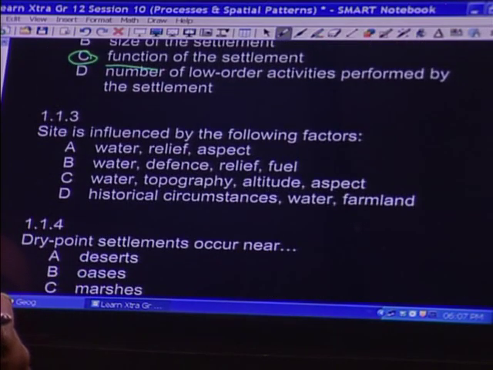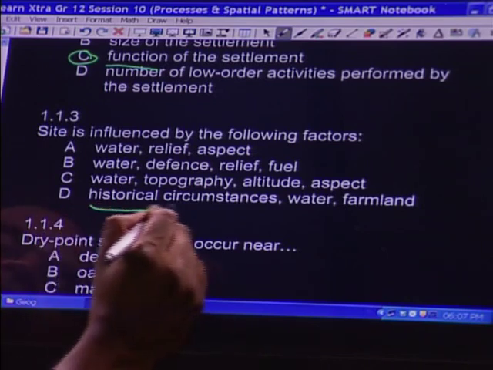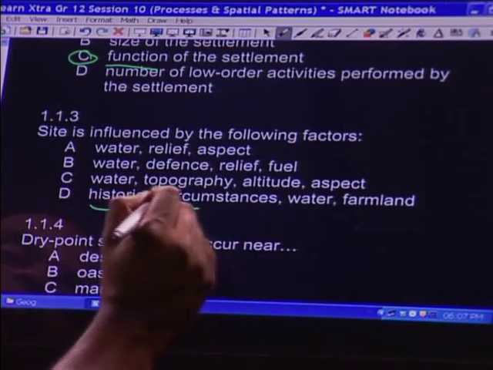Moving on to 1.3. Site is influenced by the following factors: A, water, relief, aspect, B, water, defense, relief, C, fuel, water, topography, altitude, D, aspect, historical circumstances, water, and farmland. You will note the following. Option D has social aspects attached to it.